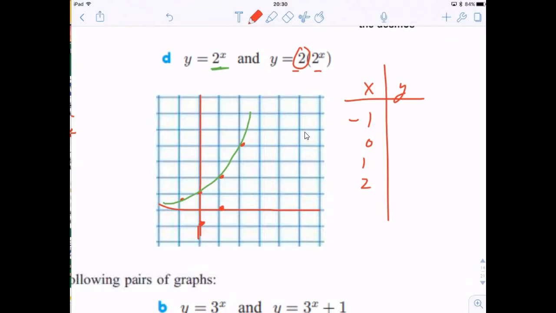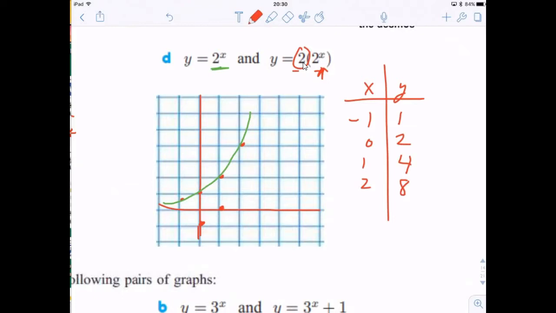So if we put a -1 in for x, we'll get 2 to the -1, which is 1/2, times 2, which is 1. If we put in 0, we get 2 to the 0, which is 1, times 2, which is 2. If we put 1 in, 2 to the 1 is 2, times 2 is 4. And if we put 2 in for x, we get 2 squared, which is 4, times 2, which is 8.